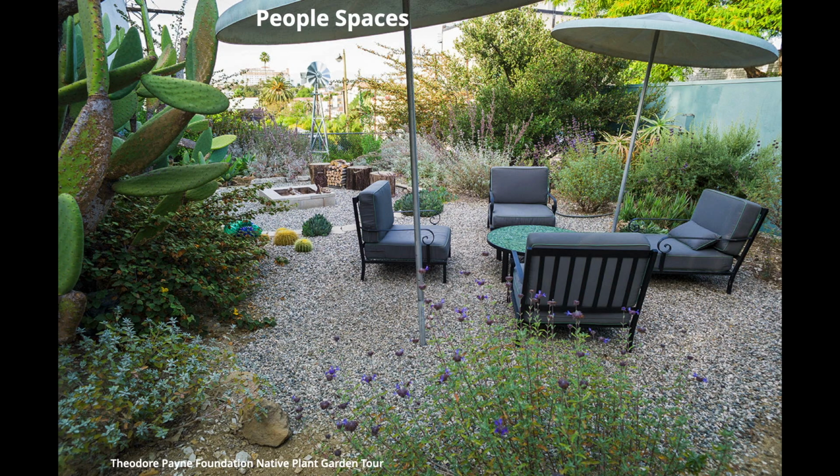We're not going to talk much about people spaces because we talked a lot in those setting your goals videos about different people spaces, options for patios, and materials. But I just wanted to mention that because what you're going to start thinking about now as you get into your design is the interplay between the different types of spaces.